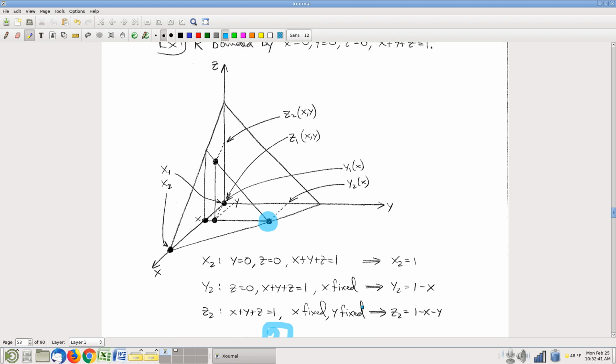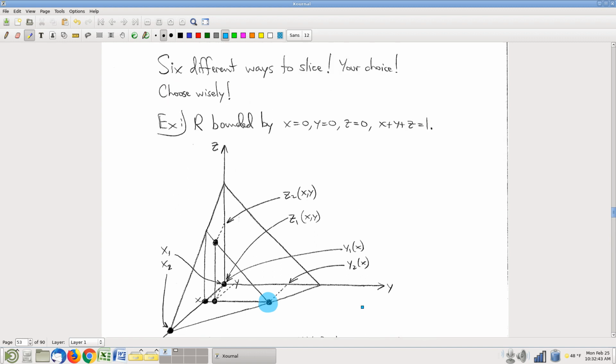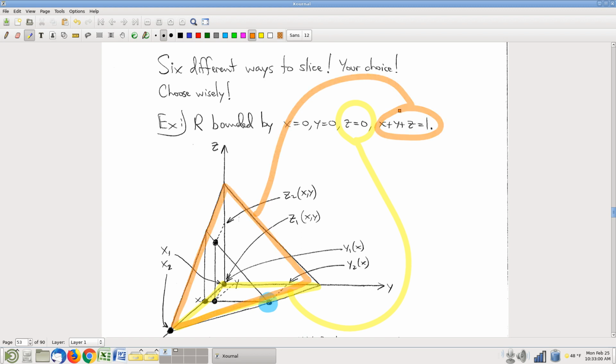Well, that point, I noticed two surfaces right off the bat. That point is on that surface that has that equation. It is also on that surface that has that equation. And this is unsatisfying.